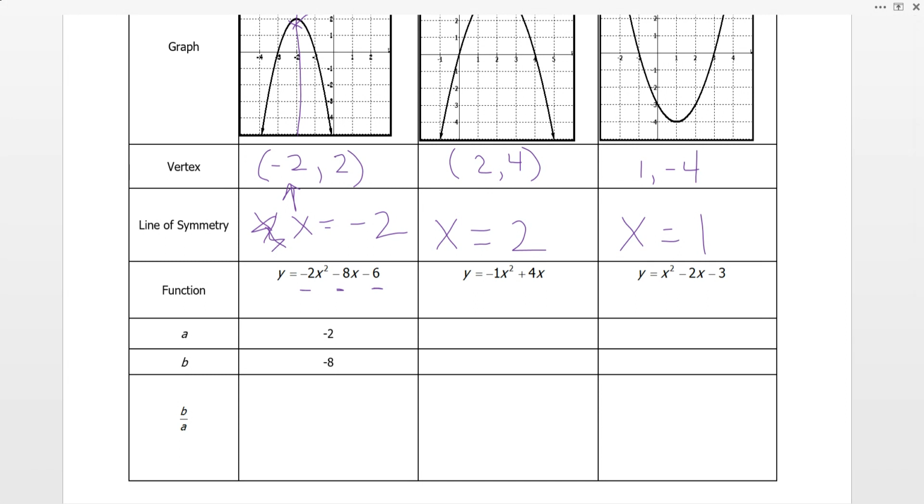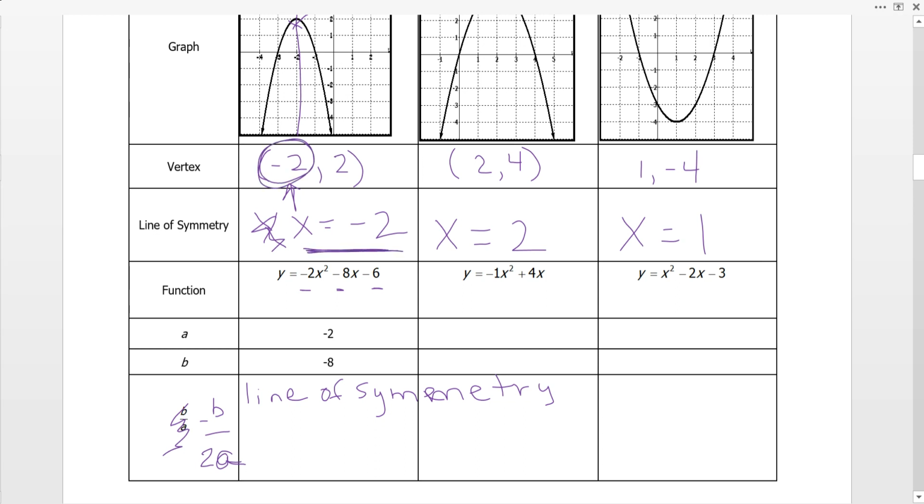Another way to find the line of symmetry is not really b over a, so I'm going to cross that out, and it's really -b over 2a. So when you do -b over 2a, that's going to give you the x value of your vertex, which is also your line of symmetry.